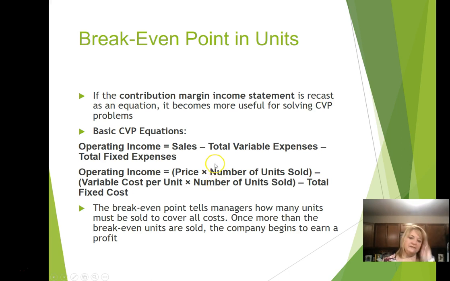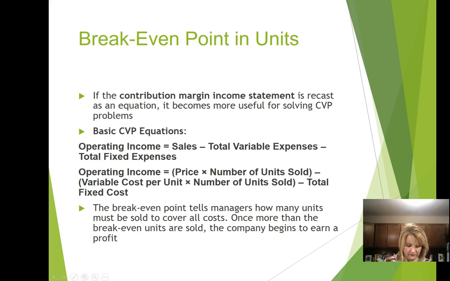So the break-even point in units. If the contribution margin income statement is recast as an equation, it becomes more useful for solving CVP problems. The operating income equation is operating income equals sales minus total variable expenses minus total fixed expenses, as illustrated here.